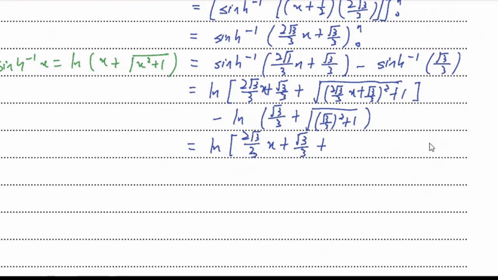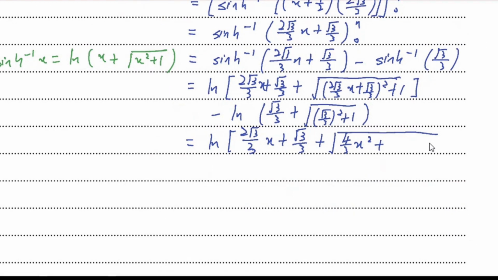So inside the square root, together with the plus 1 and the square there, we're actually getting 4 times 3 over 9. So it's 4 over 3. So 4/3 x squared plus 4/3 x plus, I guess it's 4/3 as well.